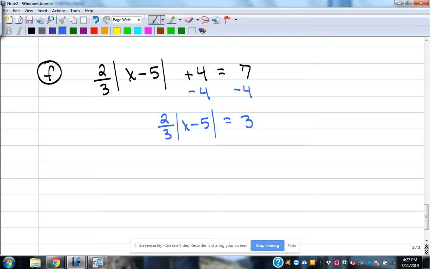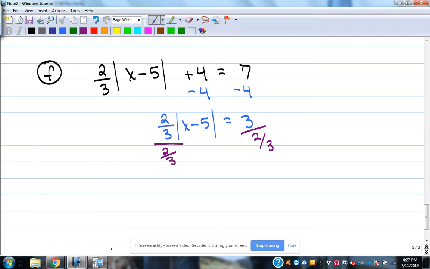And now we need to get rid of that 2/3. Since it's multiplying times this absolute value stuff, I need to divide by 2/3. And dividing by 2/3, you might say, well, I could flip it and multiply. That's the same thing.